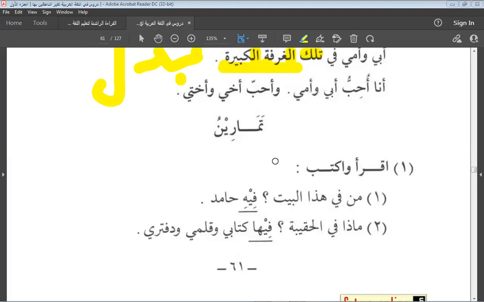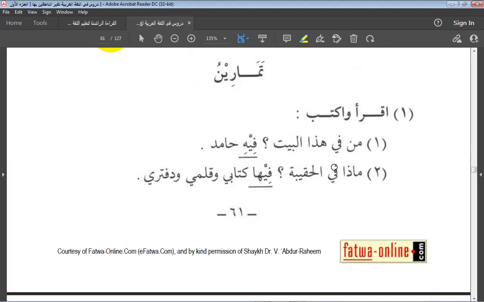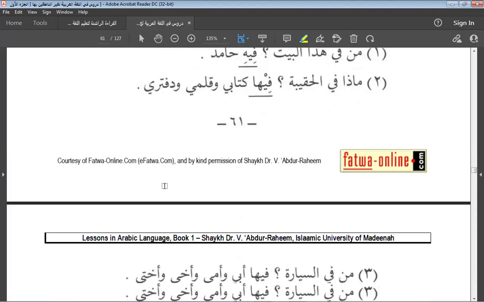Okay. It says Tamarin exercises. اقرأ واكتب, just read and write. من في هذا البيت فيه حامد ماذا في الحقيبة فيها كتابي وقلمي ودفتري.